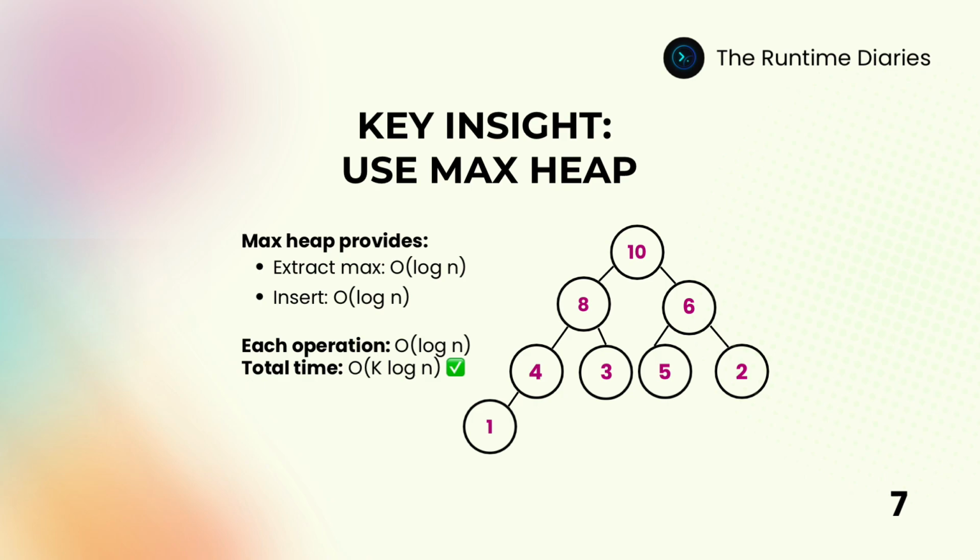Over k operations, that's O of k times log n, which is dramatically better than O of k times n. For k equals 100,000 and n equals 100,000, O of k log n is about 100,000 times 17, which is under 2 million operations. Totally feasible here.